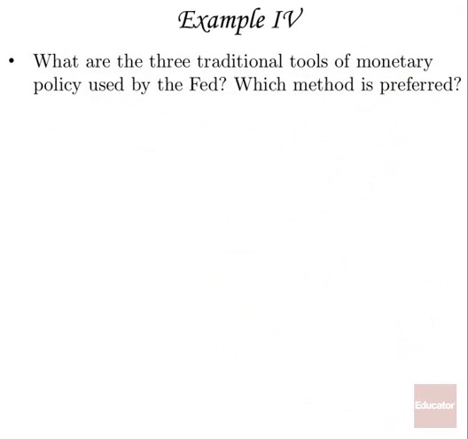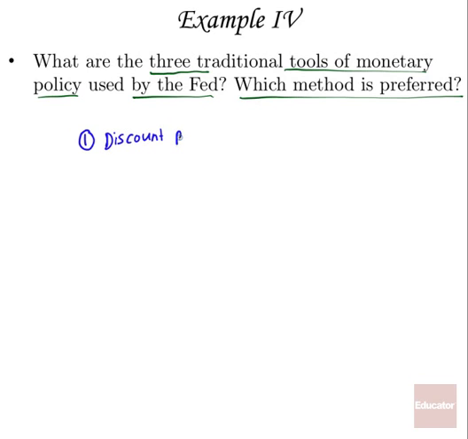Final example: what are the 3 traditional tools of monetary policy used by the Fed? Which method is preferred? There are 3 tools here. One is the discount rate. Two is the required reserve ratio.